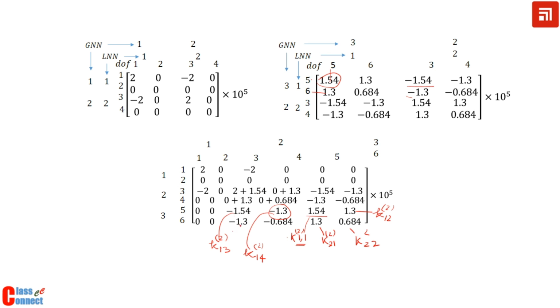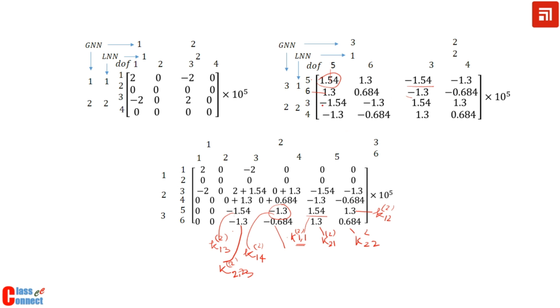So sixth row and third column is K of the second element 2 comma 3. And if we take this element, this will go to 6 4 like this.